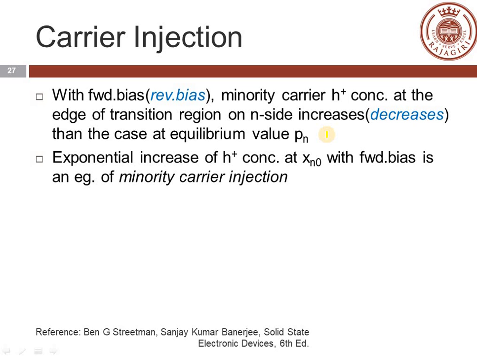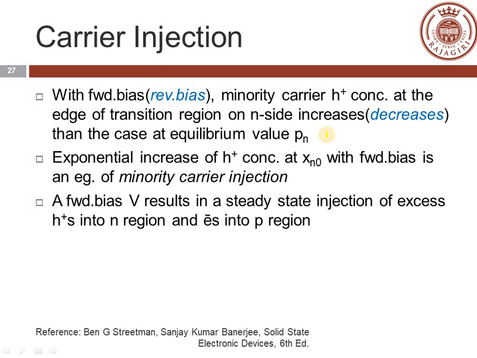Now, the exponential increase of hole concentration at xn0 with forward bias is an example of minority carrier injection. A forward bias V results in a steady state injection of excess holes into the n region and electrons into the p region.